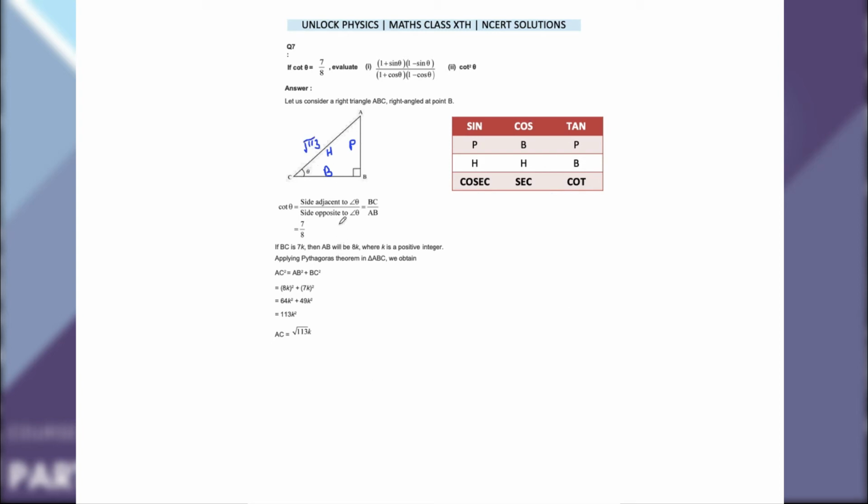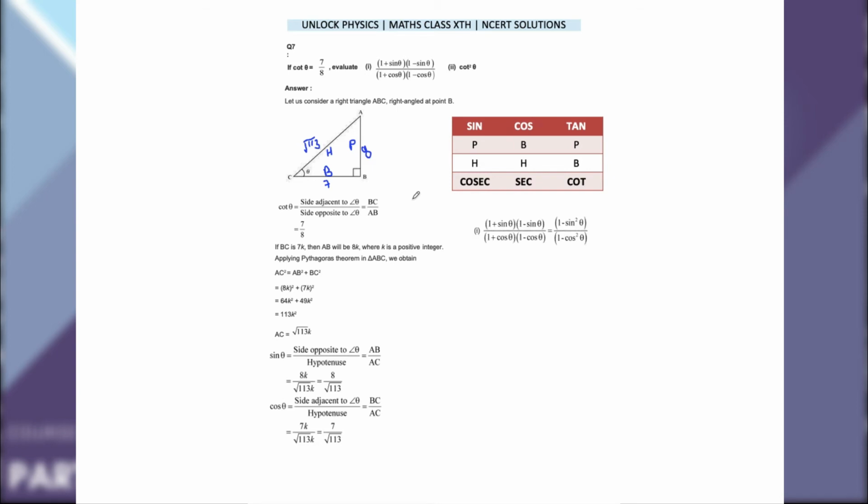We have AB as 8 and we have BC as 7. Perfect. So now we have AC as root 113 k. Now we know sine theta is equal to perpendicular upon hypotenuse. Cos theta is base upon hypotenuse. So keeping the values, we get sine theta equal to AB by AC, which is 8 by root 113, and cos theta as BC by AC as 7 by root 113.